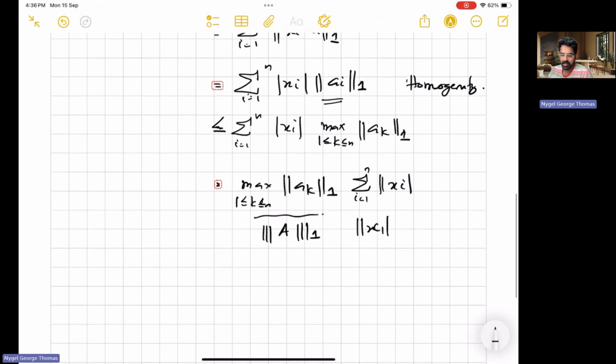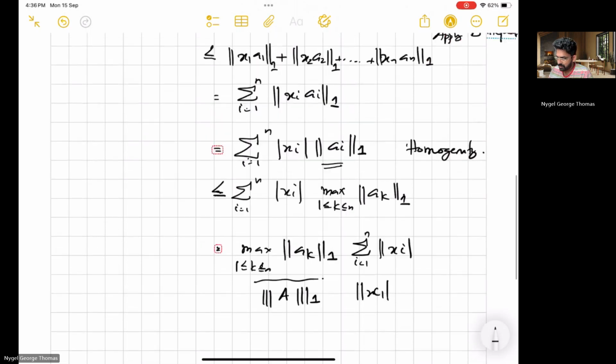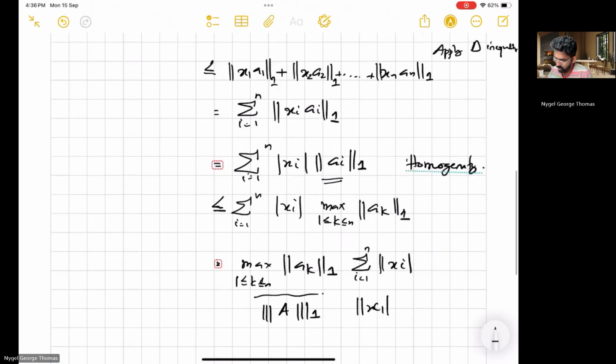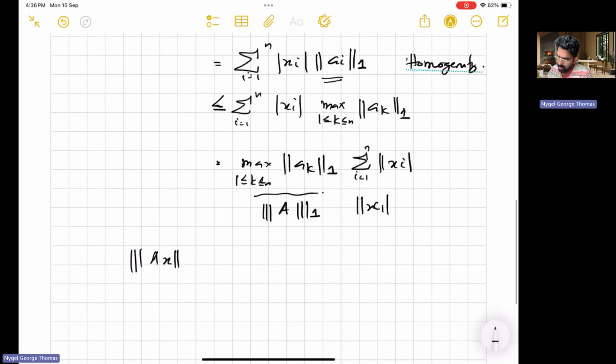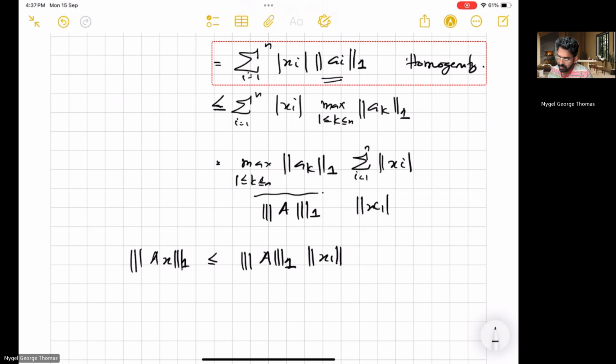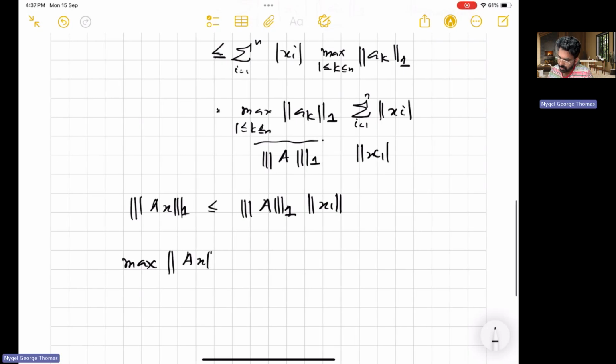So what do we get here? We get that the norm of Ax, oh, I think I missed on the left side.